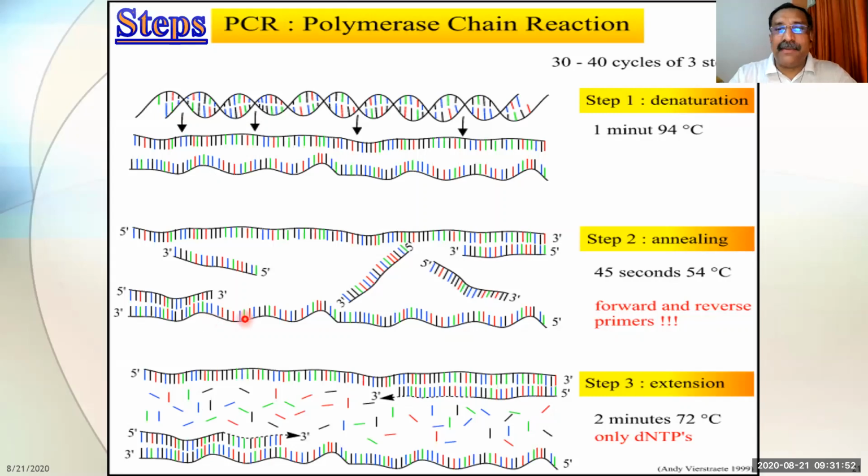ये दोनों strand में 5' to 3' end primer place करेंगे. That is why it is called forward and reverse. ये देखिए ये strand में इधर एक 5' to 3' direction में छोटा सा एक primer लगा दिया. This is the base. Are you getting me, friends? This is the base. Okay. Now similarly on the other strand also, 5' to 3' direction में एक primer लगा दिया.